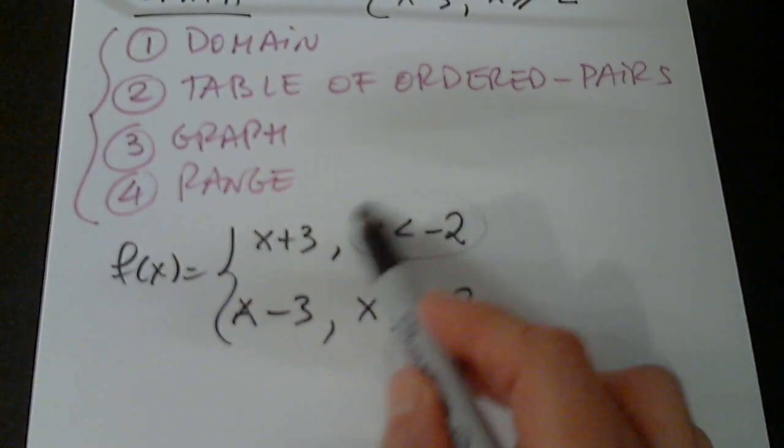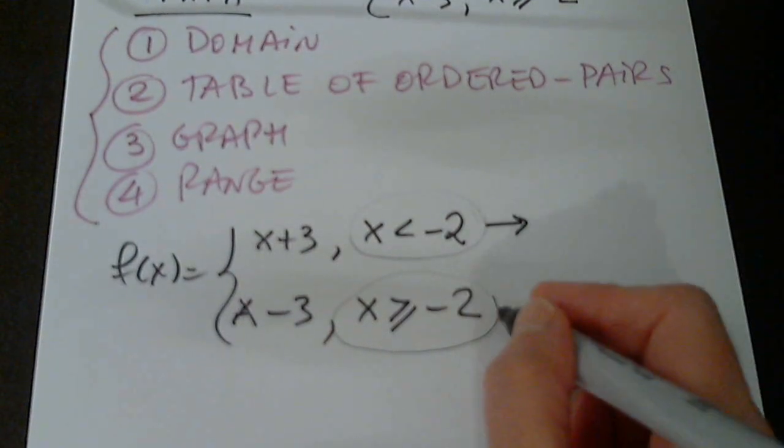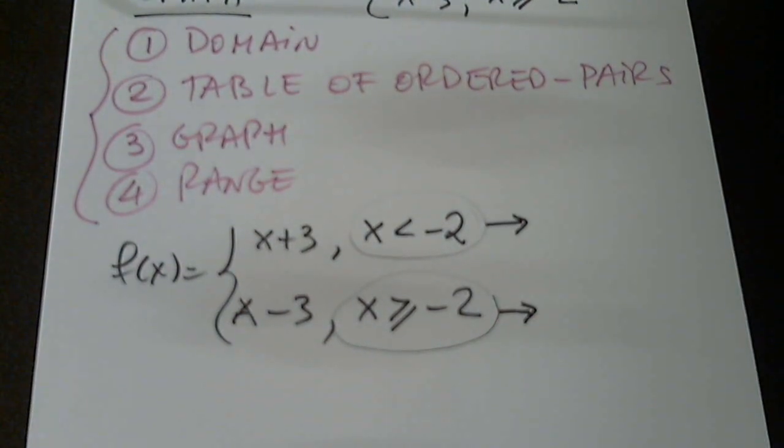Since we studied interval notation, can anyone give us the interval notation for these two? If I don't hear anyone, I have to pick. Hunter, will you help us with x less than -2? How do I write the interval notation?